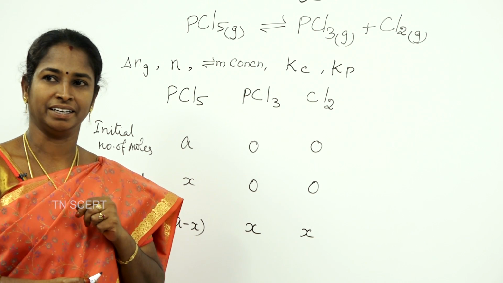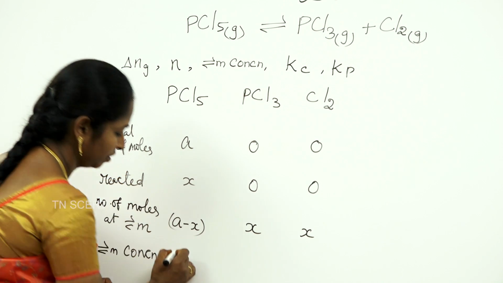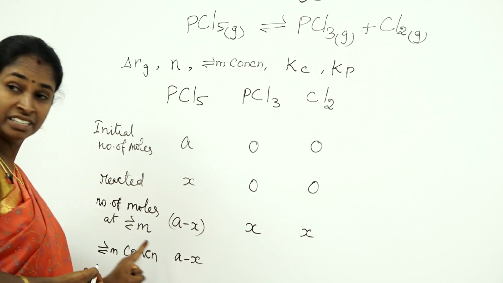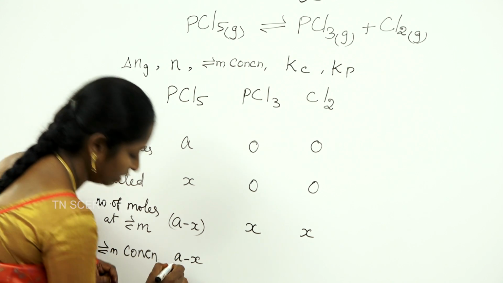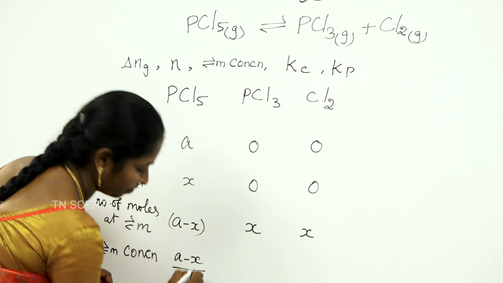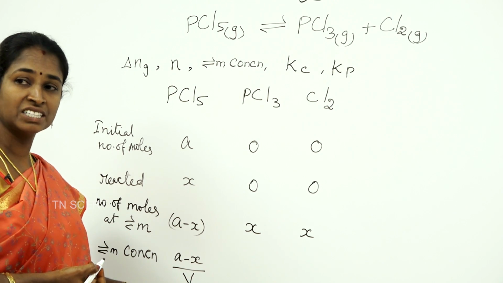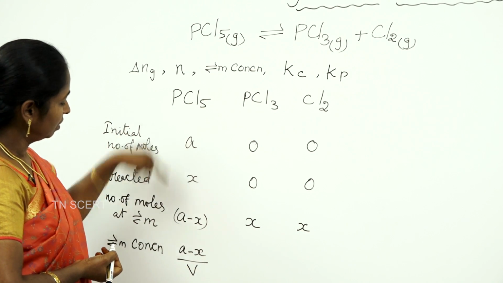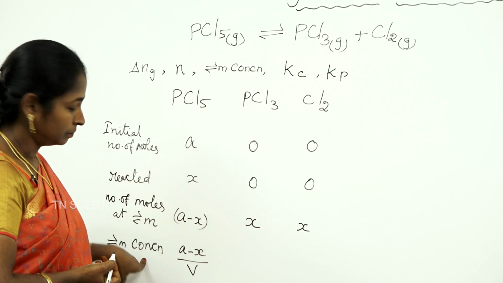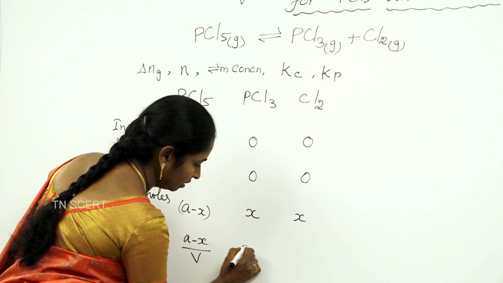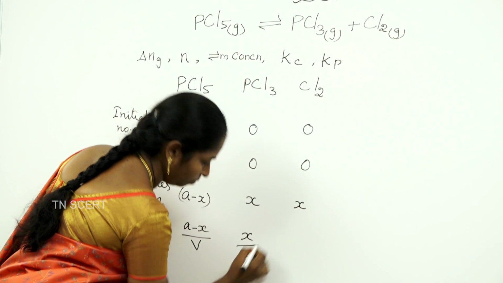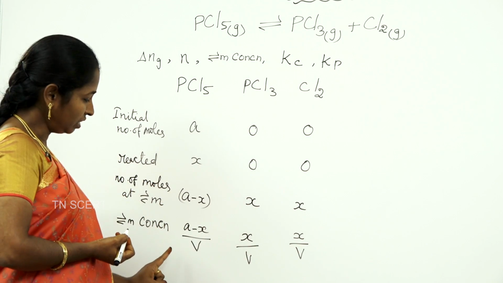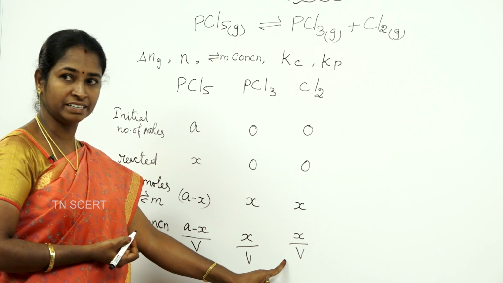So, number of moles is A minus X, because this is the number of moles at equilibrium. So, A minus X divided by volume of the container, it is taken as V. So, A minus X by V is the equilibrium concentration. And here number of moles X is divided by volume. So, these are the equilibrium concentrations.